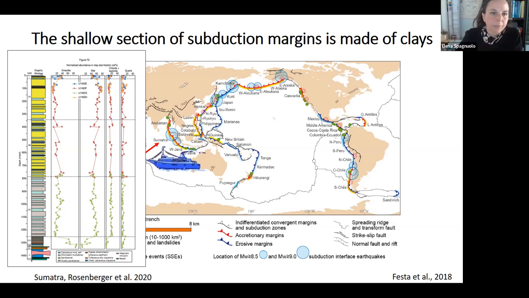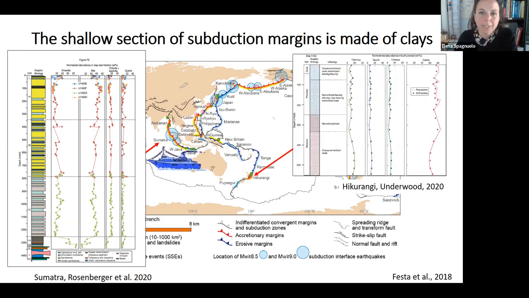These sediments are in fact made of clays. The component of clays is mainly smectite, illite, with some components of chlorite and kaolinite. This is an example from Sumatra in Rosenberger et al. 2020. And you can see a similar composition also at the Ikuranshi. This is from Underwood 2020.